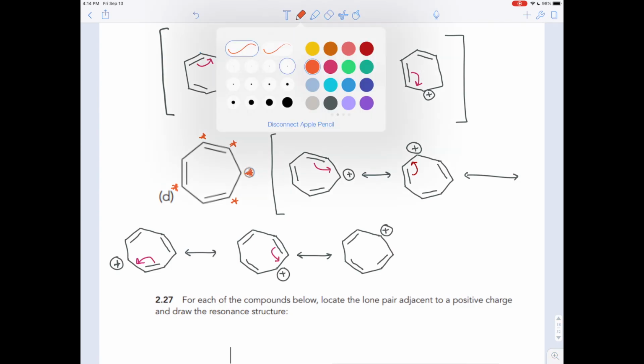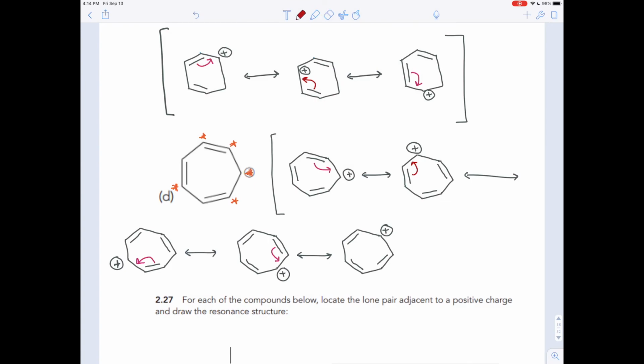Okay, well now this positive charge is allylic to a new pi bond, this one here. So that can go towards the positive charge, we get a new resonance structure. To draw it, we copy the one we have, and anywhere we have the tail of a curved arrow, that's a place where electrons are moving away from, so you erase those.